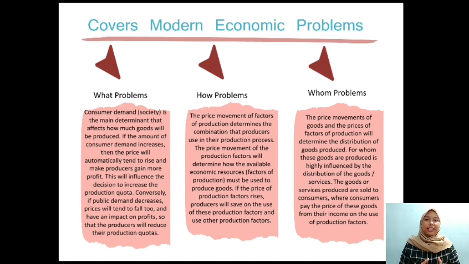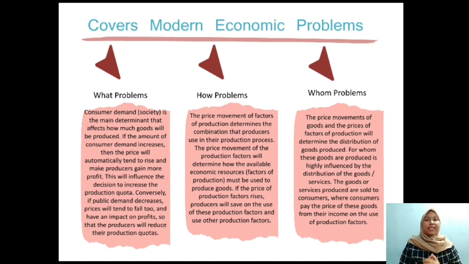Modern economic problems have 3 problems: the what problem, the how problem, and the for whom problem. Firstly, the what problem. Consumer demand or society is the main determinant that affects how many goods will be produced. If the amount of consumer demand increases, then the price will automatically tend to rise and make producers gain more profit.